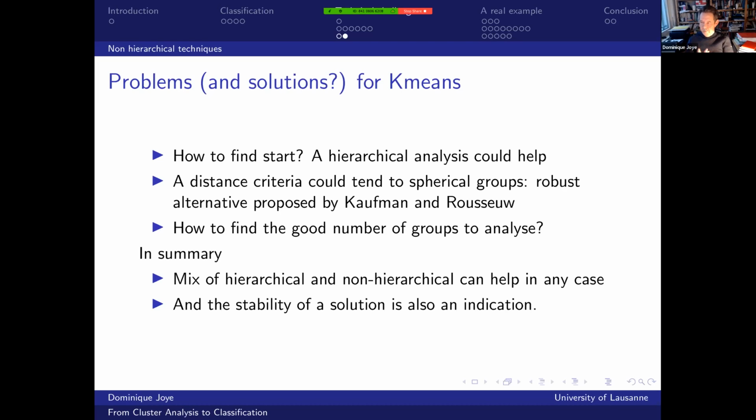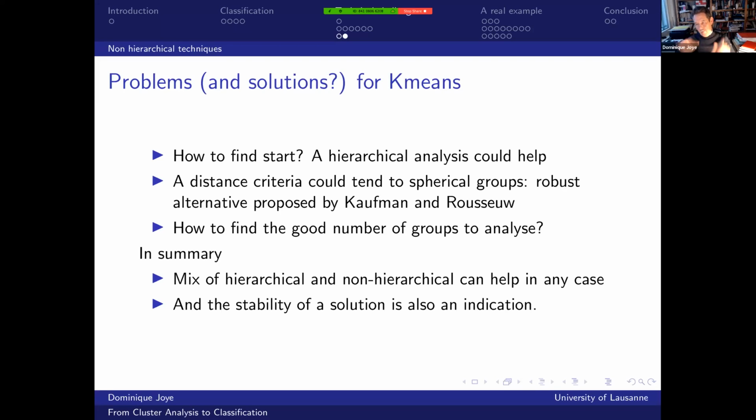If you think of the first example that I gave you, when you have two groups which are circles, it will be very good. If you have two ellipses, then as in the Ward solution, you will have two circles and the result will not be so good. So once again, the structure of the data is important to think about a little bit, and it will be important for the result.